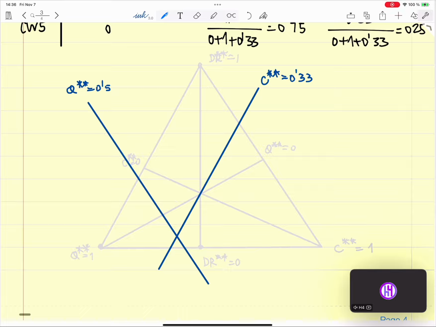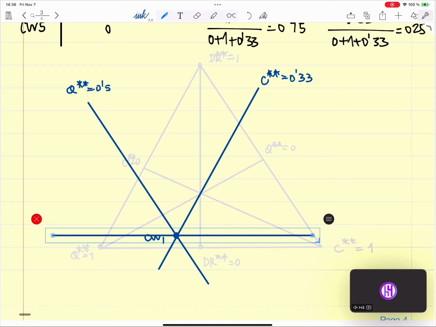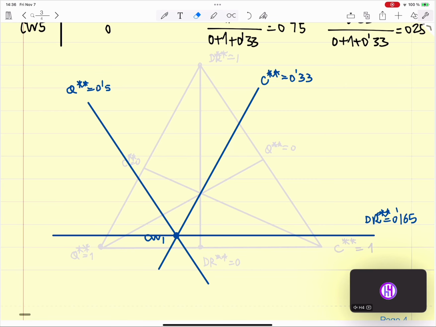In the point where both lines cross, this is going to be calendar week 1. Just for the record, this line will be the line with delivery rate star star 0.165, because the sum of all these three values needs to add up to 1. Is this understood?